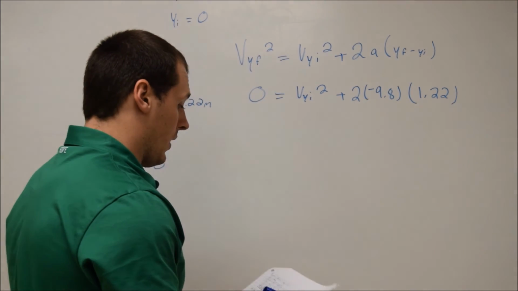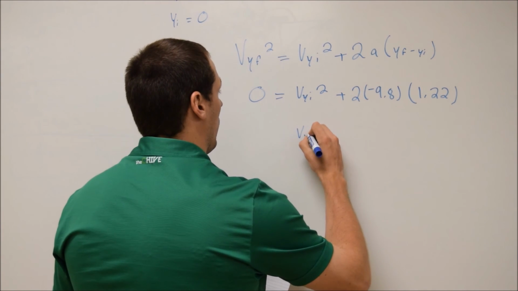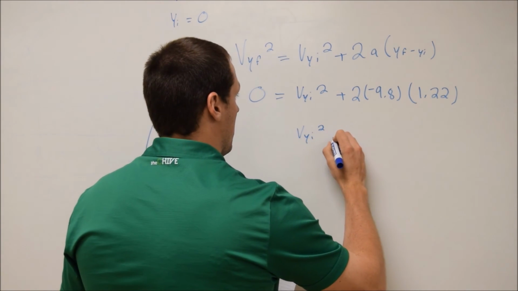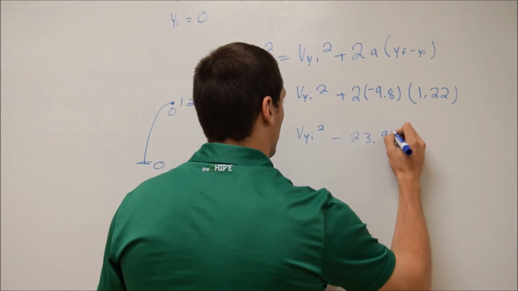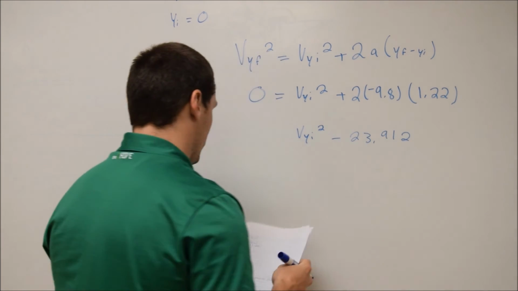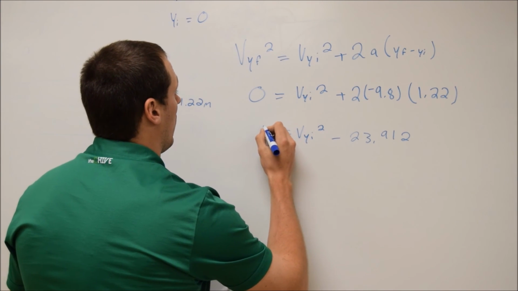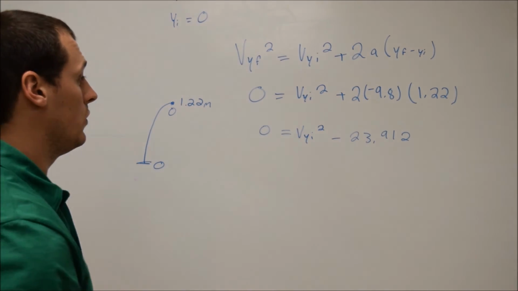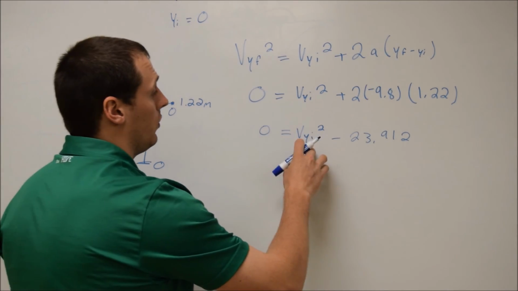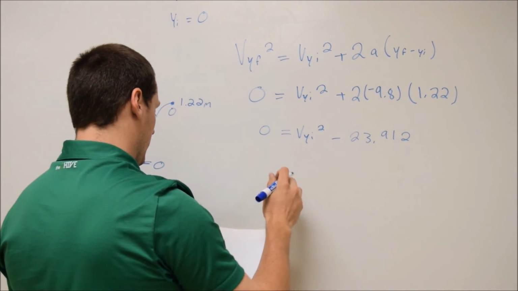Now we just do the math here, and we get Vy initial squared minus 23.912 is equal to 0. Now we need to isolate the Vy initial, and the way that we're going to do that is add it to the other side.